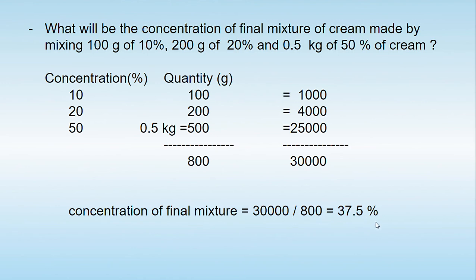So my concentration in the final cream will be 37.5%. And what will be the weight? Yes, the weight is very easy. That's 800 grams. So in this type of numericals, in this type of mathematical problems, we are going to use the alligation medial method.